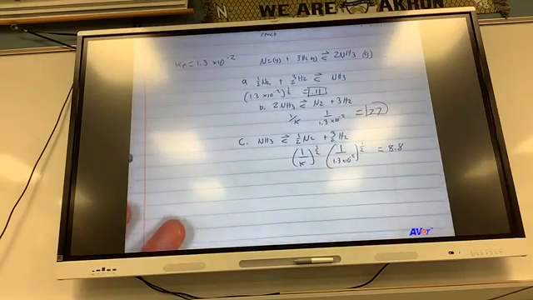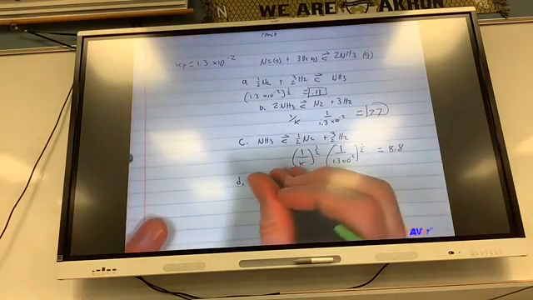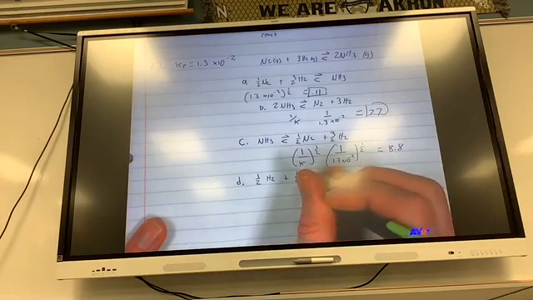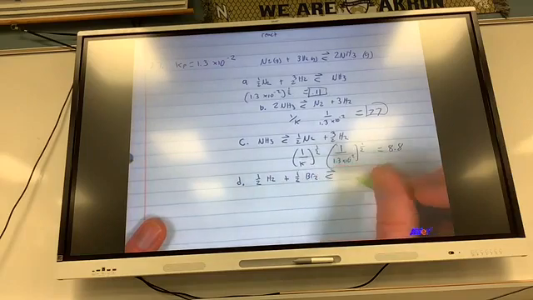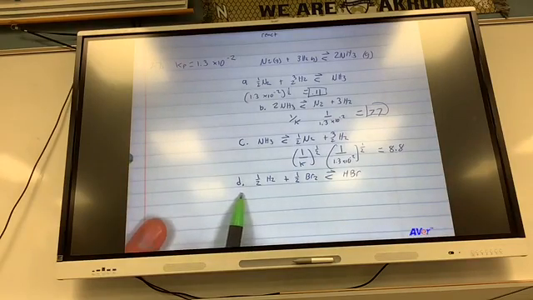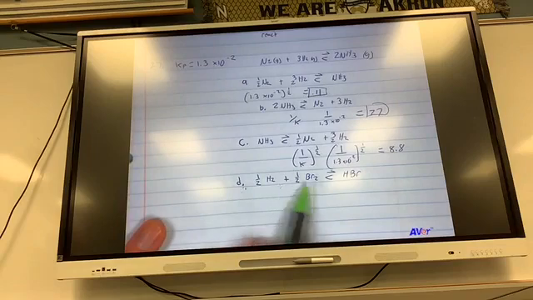And then that leaves us D. For D, I have 1/2 H2 plus 1/2 Br2 is in equilibrium with HBr. So on this one, what did we do here? On D, I have half, and I have half.